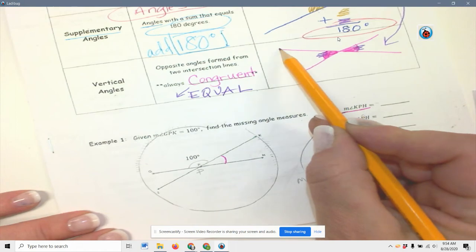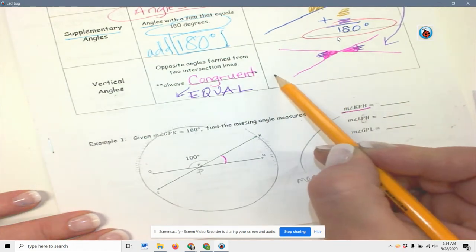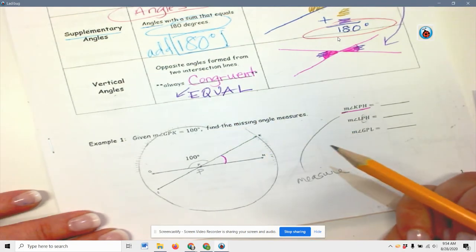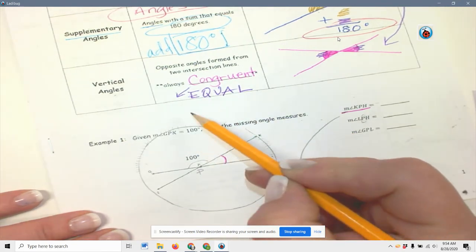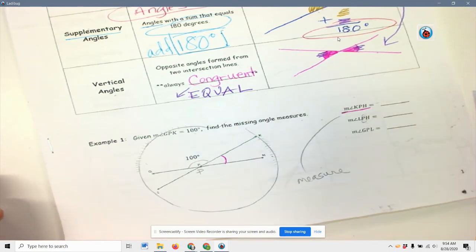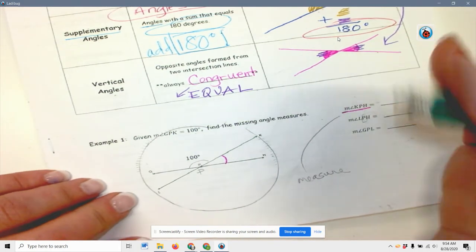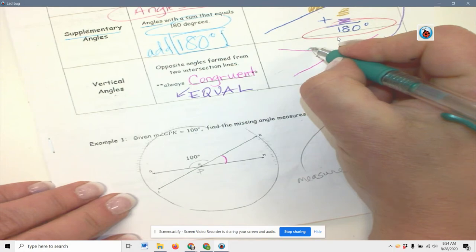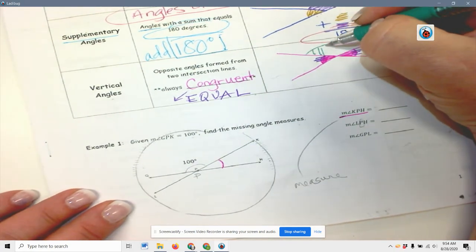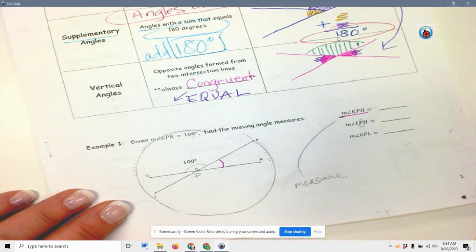And when angles are directly opposite each other, they are congruent or equal. So we looked at these little angles up here, but there's also big angles that we didn't talk about that are also opposite each other, okay?